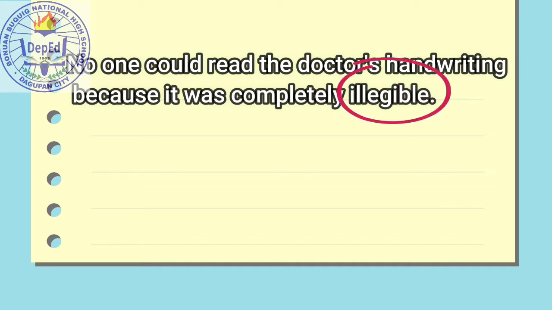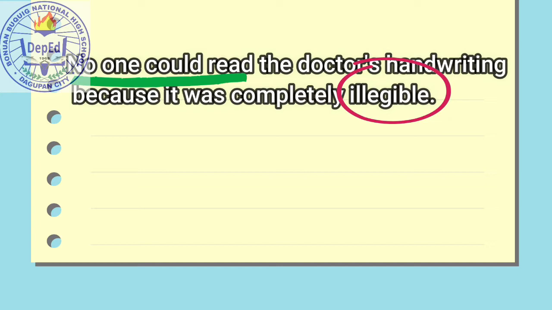The word illegible is the unfamiliar word. Using the other words from the sentence, we could find some clues or hints about what illegible is. Can you identify what is the clue word in the sentence? Amazing! The clue is no one could read.